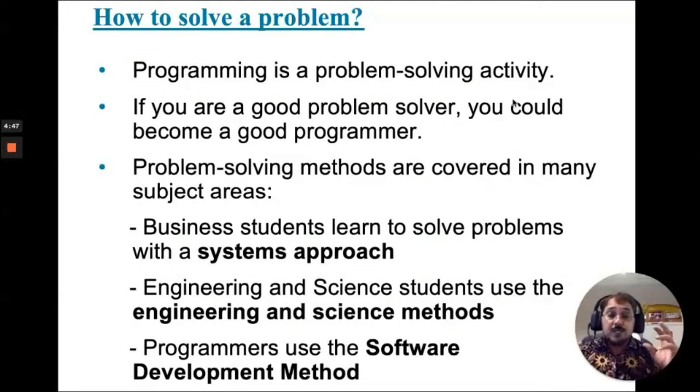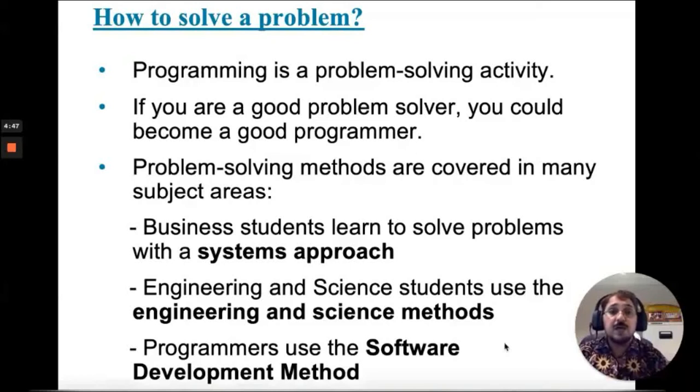All the software originated from a problem, and someone in the computer programming field wrote a program for that and solved the problem. So programming is a problem solving activity. It's nothing, just solution provider. All computer programming people are solution providers, providing solutions for different problems.